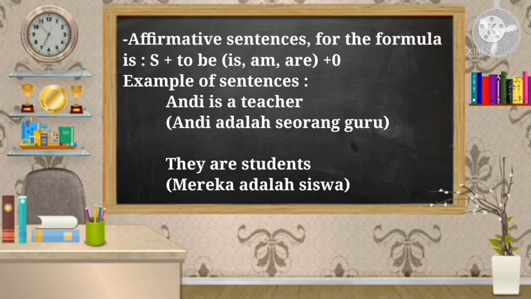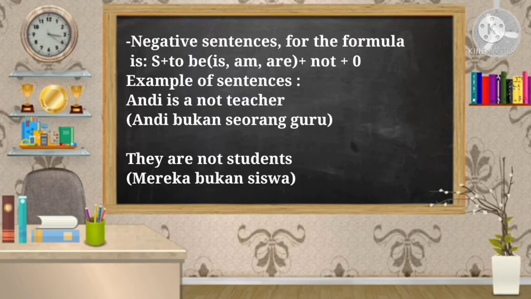We start with the affirmative sentence. The formula is subject plus to be, is, am, and are plus object. Example of sentence: Andy is a teacher, they are students. Negative sentence, the formula is subject plus to be, is, am, are plus not plus object.